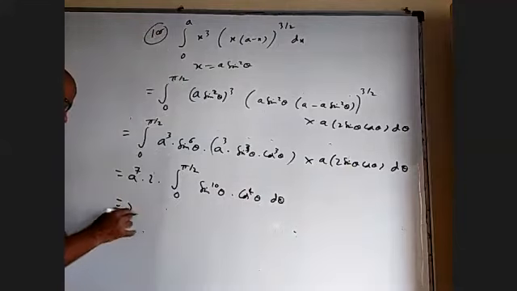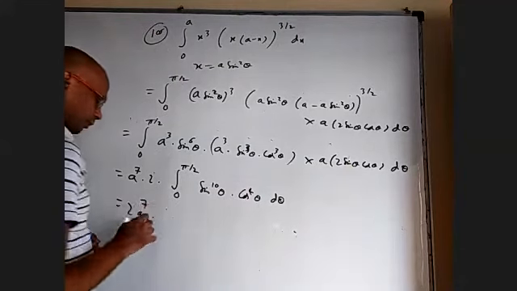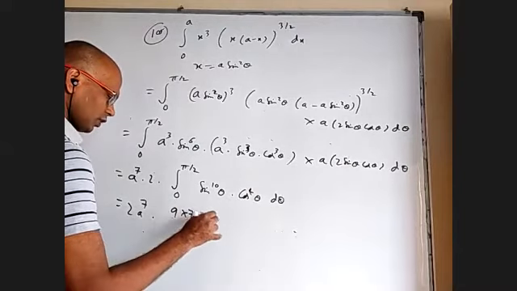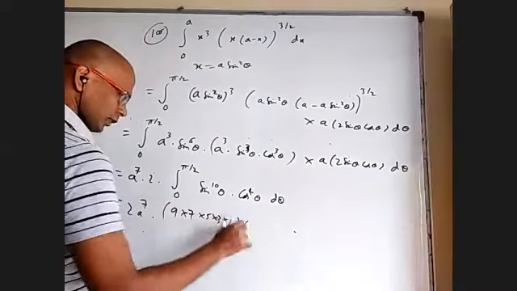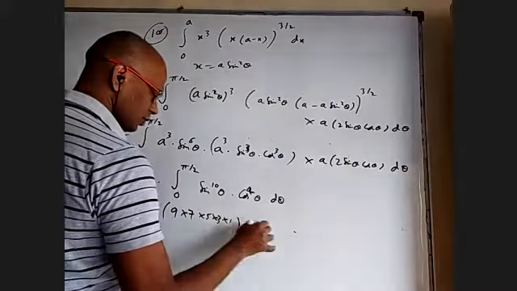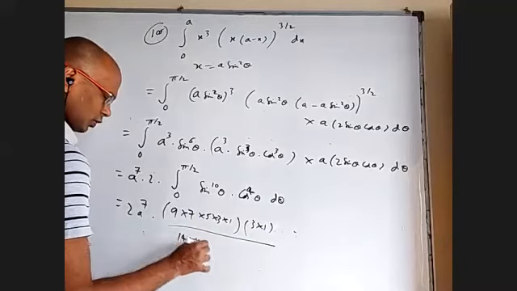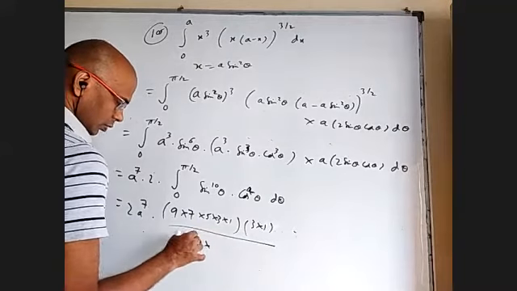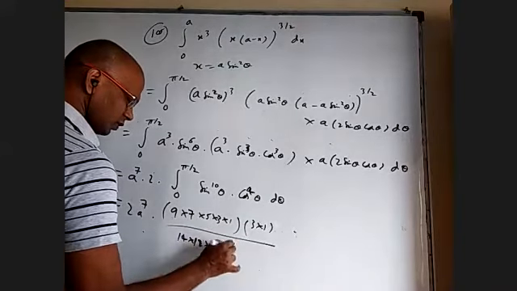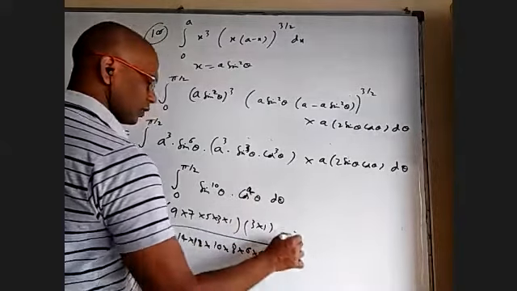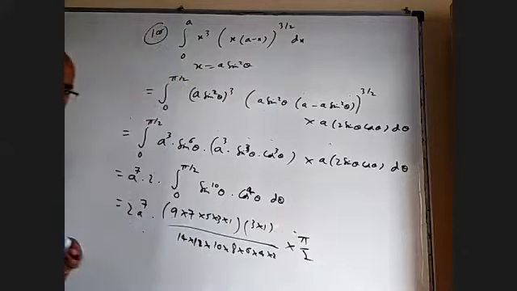We have a formula: 2 a power 7 into, for 10, I have to decrease 1, so it will be 9 into 7 into 5 into 3 into 1. For 4, I have to decrease 1, which is 3 into 1. 10 plus 4, 14 into 12 into all that, 10, 8, 6, 4, 2. Because both are even, I have to multiply with pi by 2.